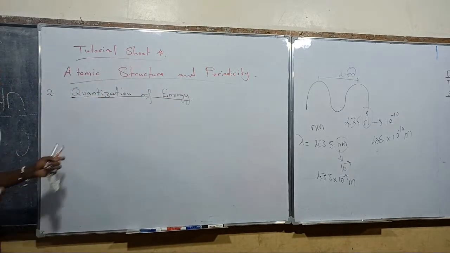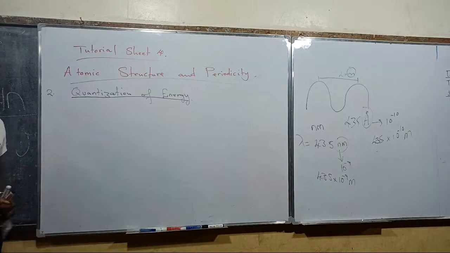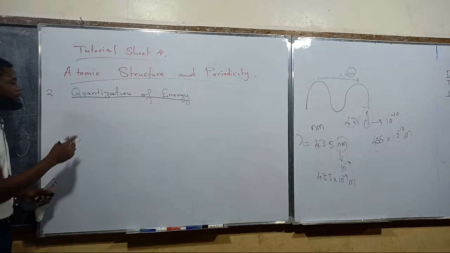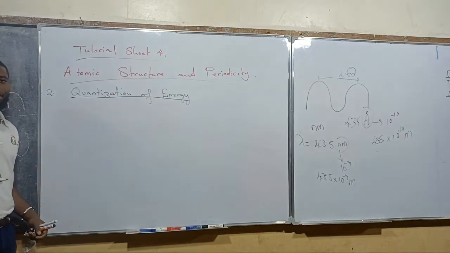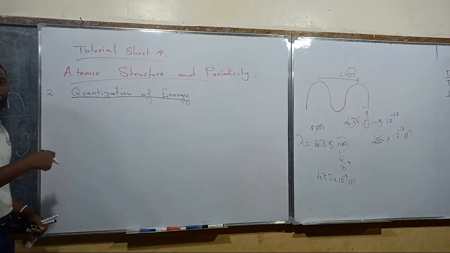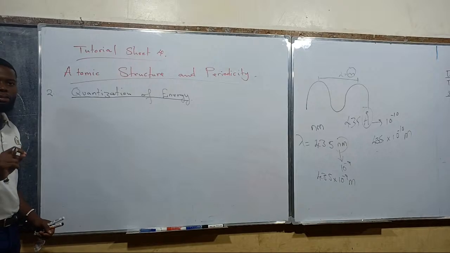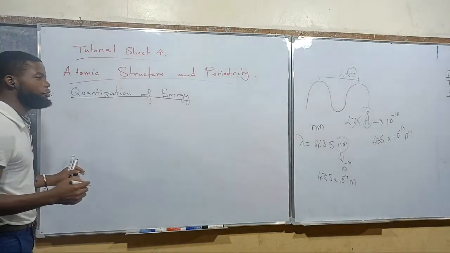So in 1900, there was a German physicist by the name of Max Planck. Max Planck postulated that energy can either be lost or gained in small discrete whole number values of hv.